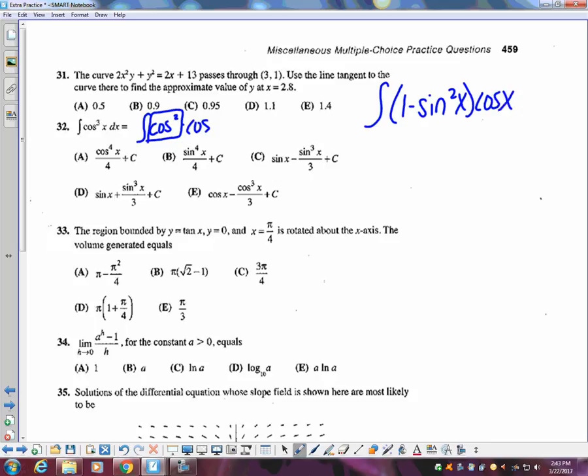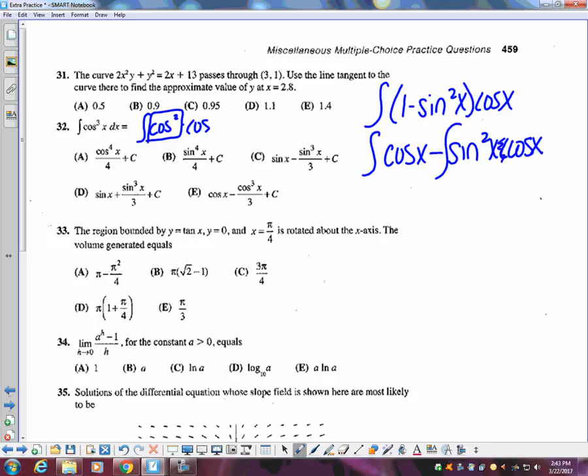Okay, now, well, I can distribute that. Like, let's make life easier. Cosine minus sine squared cosine x. I think I have an extra c in there.